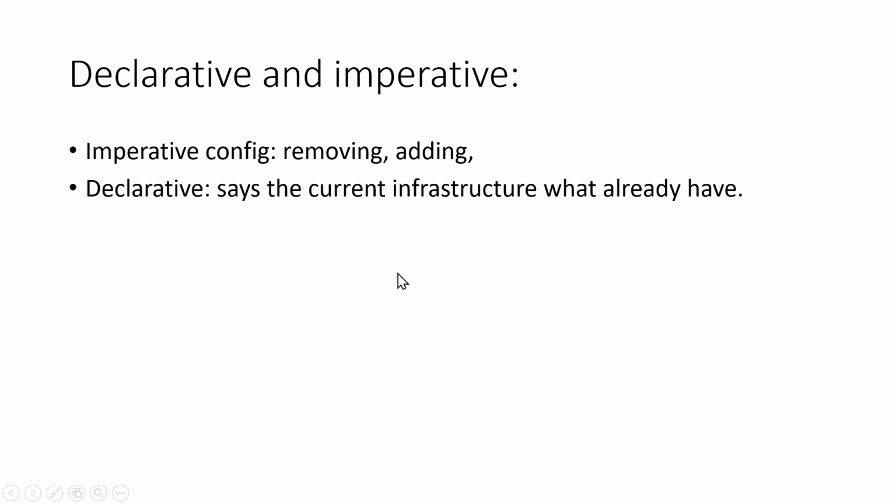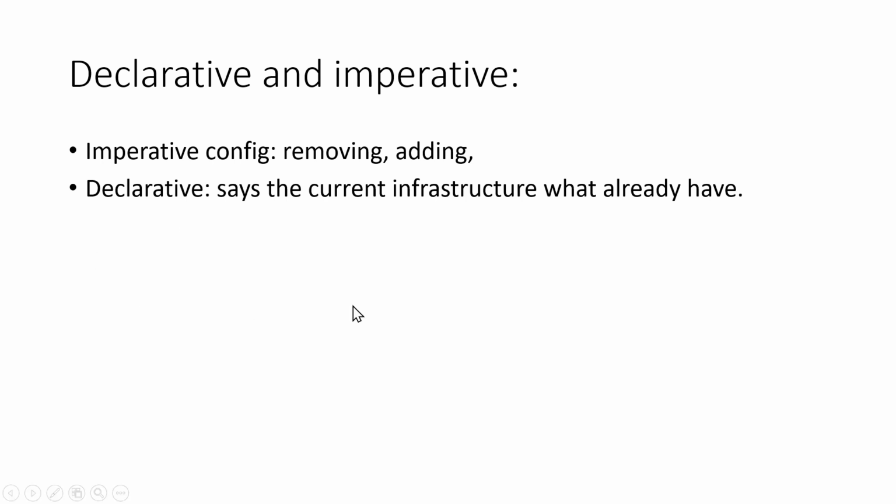That is, if you want to upgrade our existing infrastructure, that is adding, and if I want to remove or delete the resources which are not being used by that software, for that purpose we call it an imperative configuration file. And declarative says what exactly the current plan is, or what the present infrastructure is that is running.